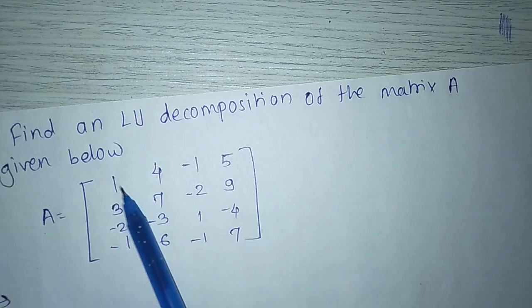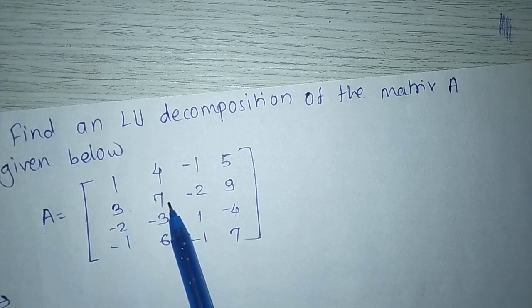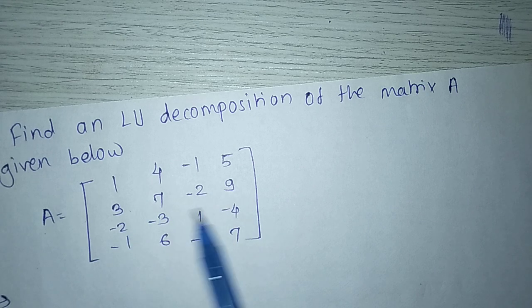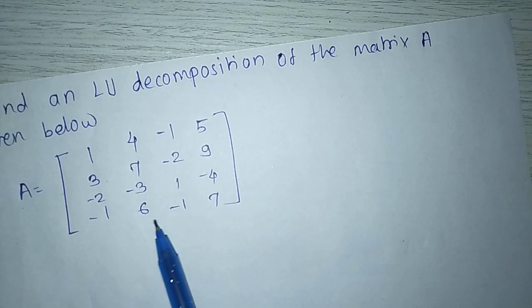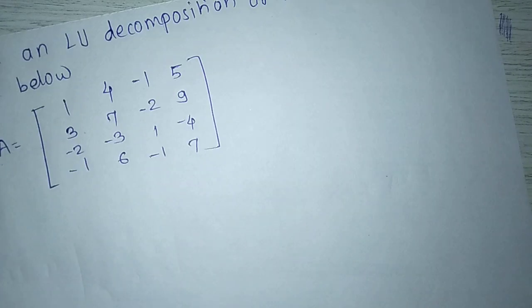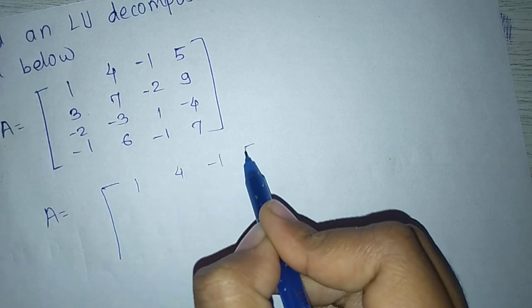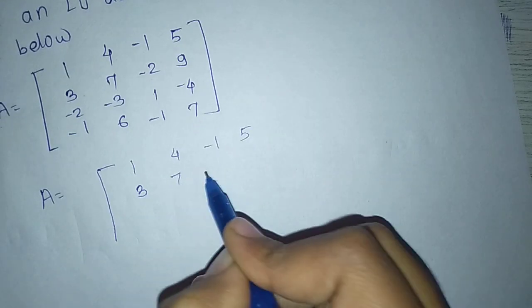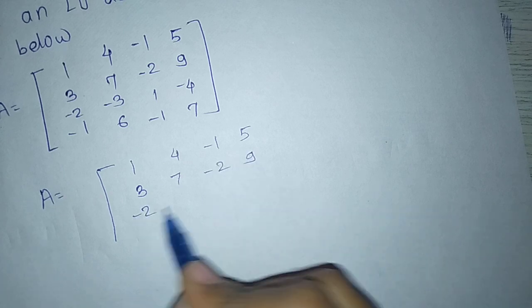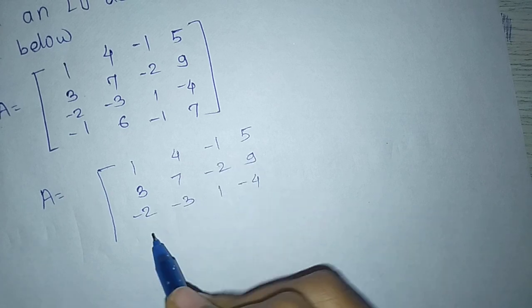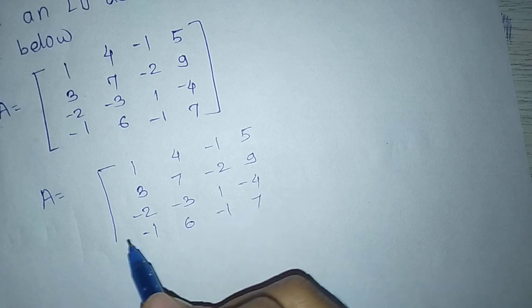A equals 1 4 minus 1 5, 3 7 minus 2 9, minus 2 minus 3 1 minus 4, minus 1 6 minus 1 7. The given matrix is A equals 1 4 minus 1 5, 3 7 minus 2 9, minus 2 minus 3 1 minus 4, minus 1 6 minus 1 7.